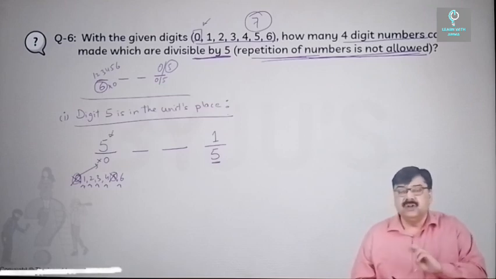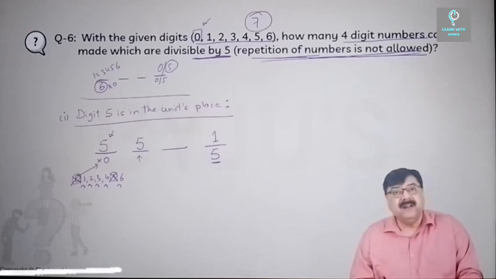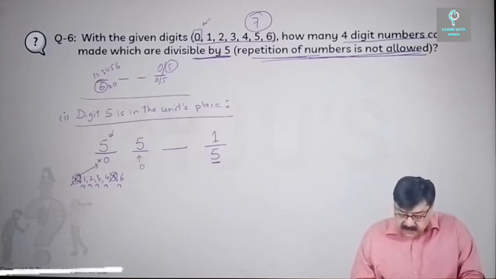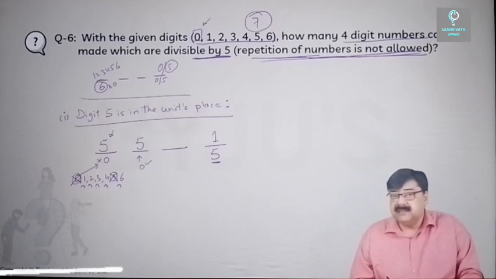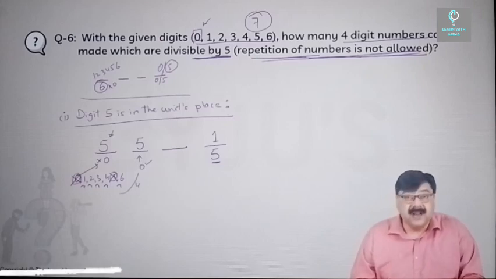So 2 digits gone. Remaining are again 5, because in the hundreds place you can fill any of the 5 numbers, because here 0 is allowed, and out of 1, 2, 3, 4, 6, the other 4 will remain. So 4 will remain from these 5, and 0 can be utilized in the hundreds place, so that makes it 5 digits as options to fill up the hundreds place.